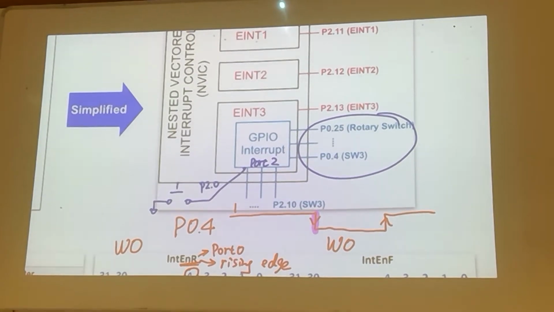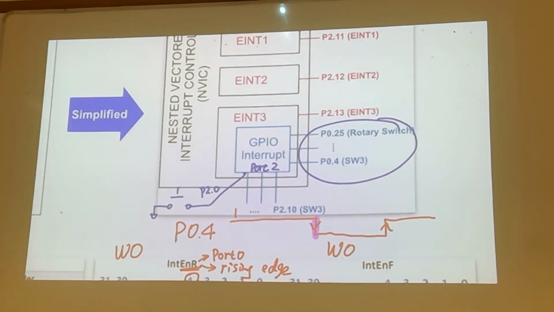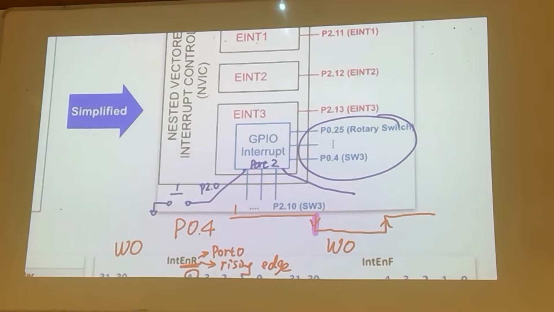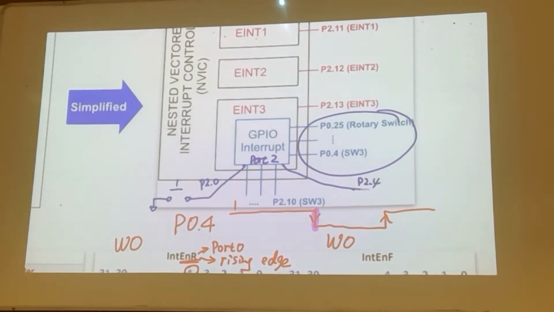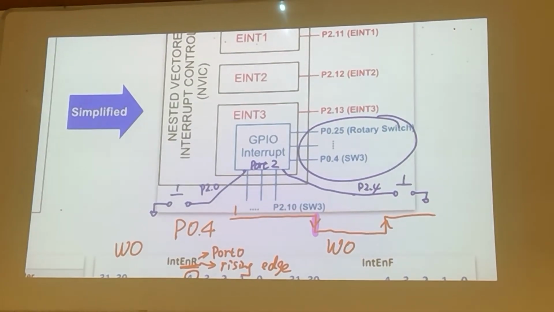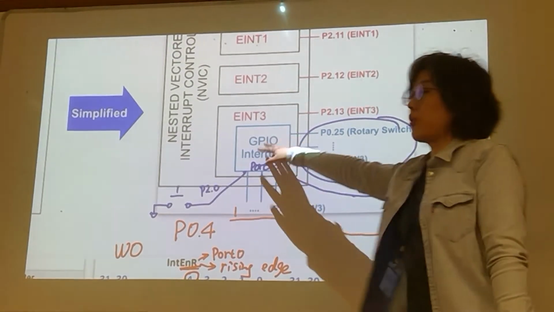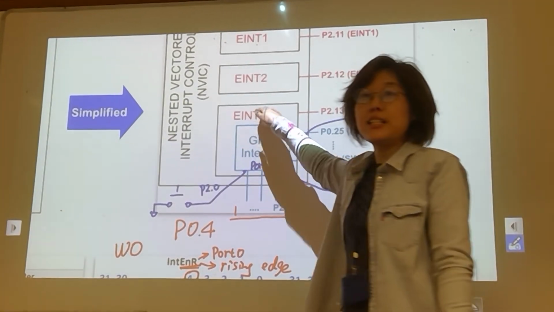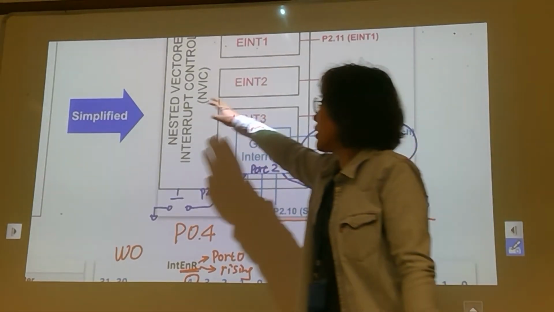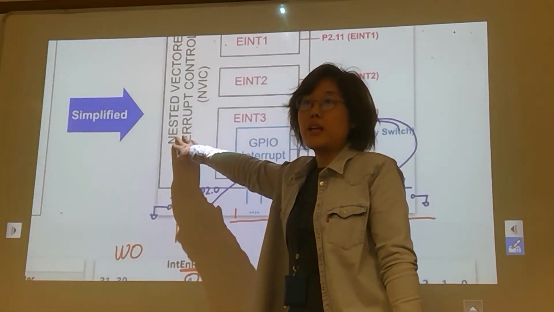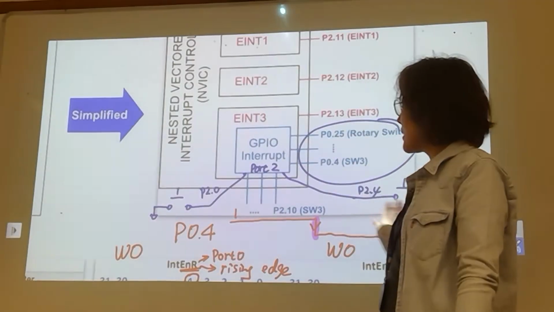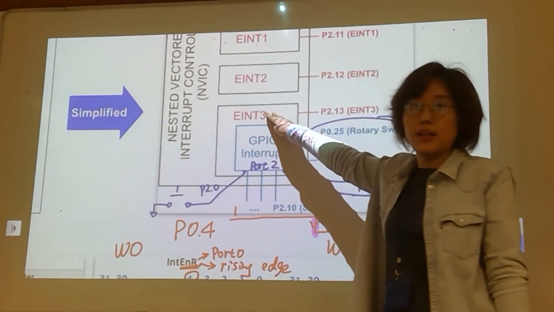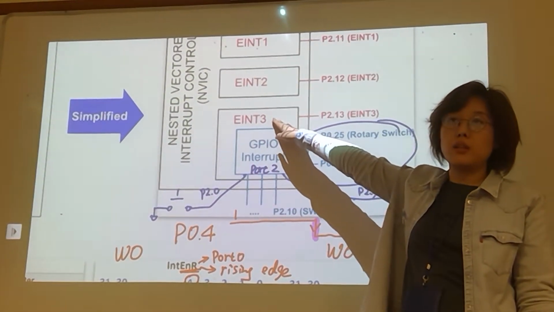And I have another one, for example here, let's say here is P2.4, another push button. But they are all using GPIO interrupt, and they all are treated as the EINT3 interrupt for NVIC. Whenever here and here are pressed, NVIC will sense an EINT3 interrupt.